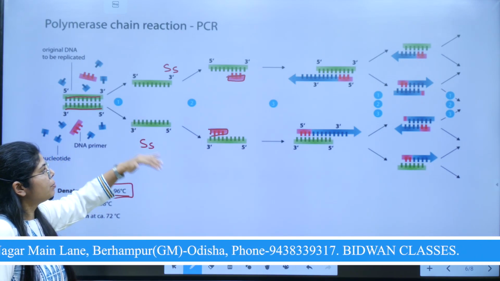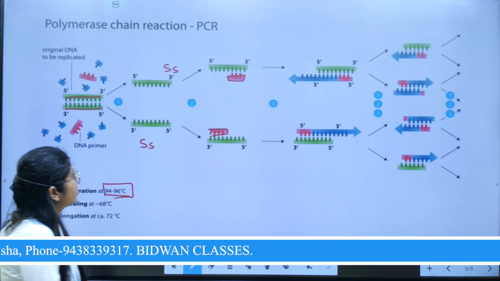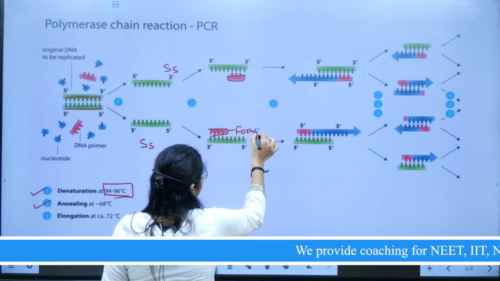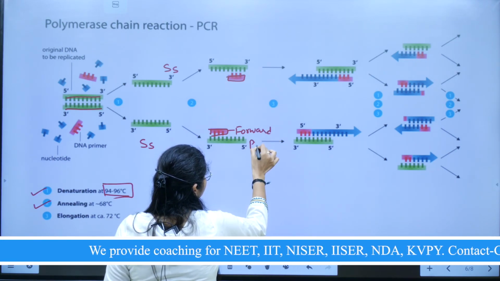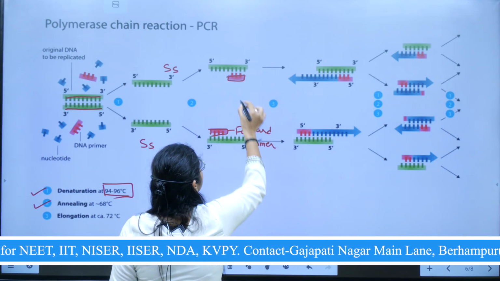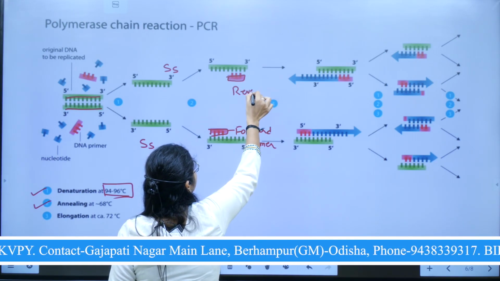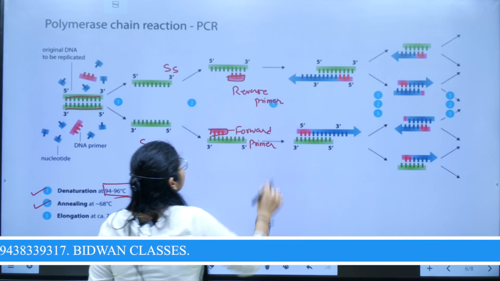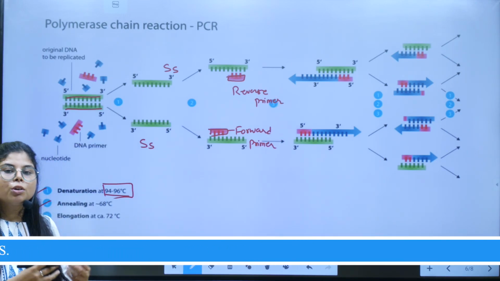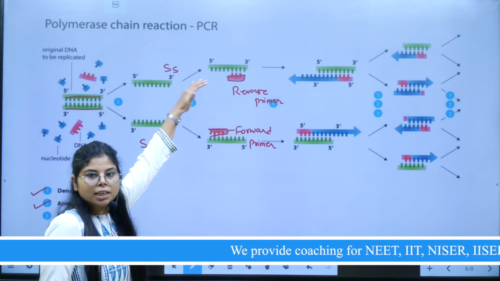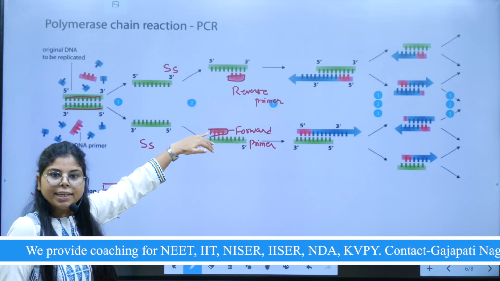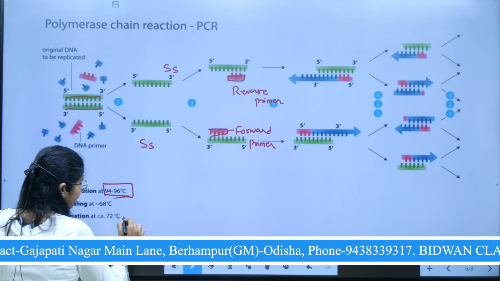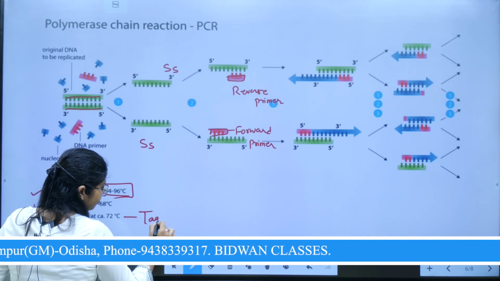Both the template strands get primers, named the forward primer and the reverse primer. So the two oligonucleotide primers get annealed to the single strands of the template DNA. Now the third step is the elongation, which is carried out by the Taq polymerase enzyme.